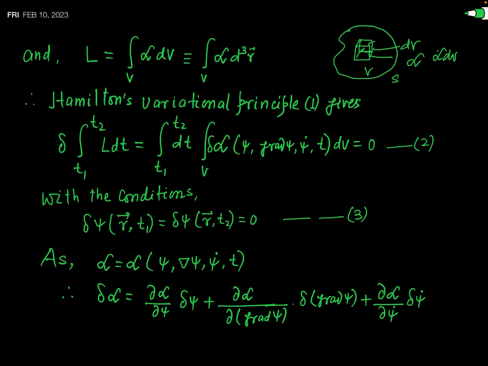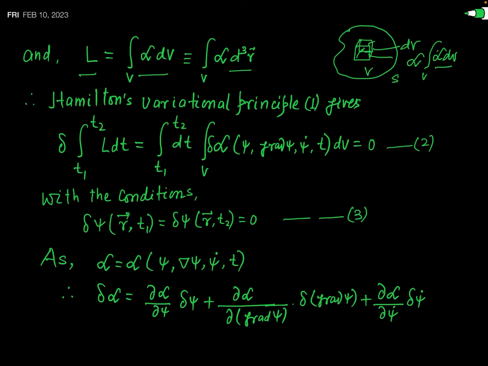When you integrate this curly L dV over the entire volume, you get the total Lagrangian of the field. So the Lagrangian L of the field is equal to the integral over V of curly L dV. Or instead of dV, you can also write d3r.